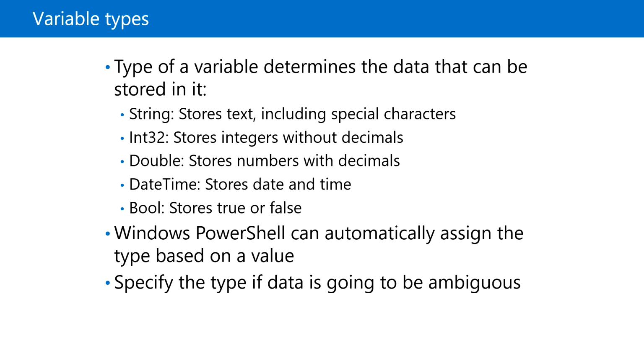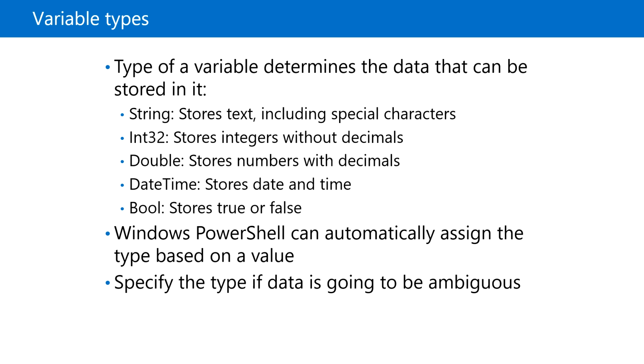Windows PowerShell can automatically assign the data types based on the value that we assign to the variable. We can also specify the data type so that it is not ambiguous.